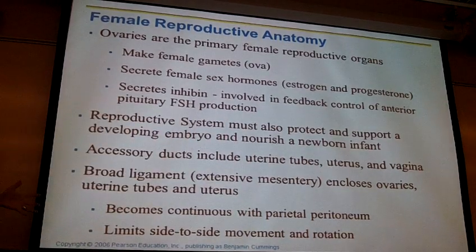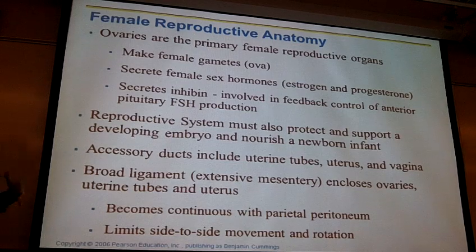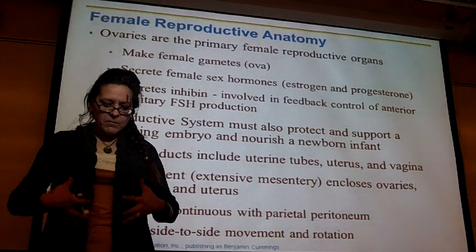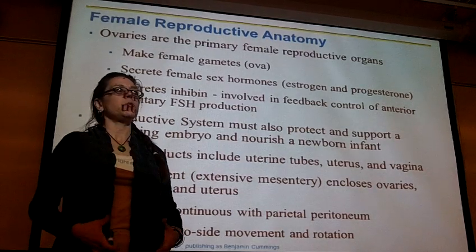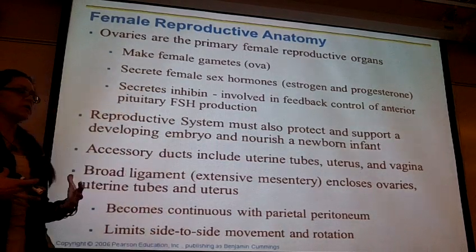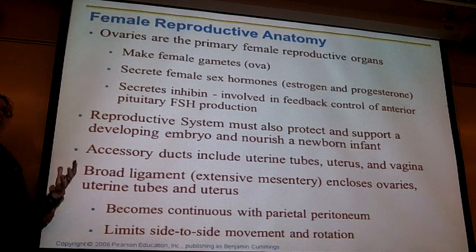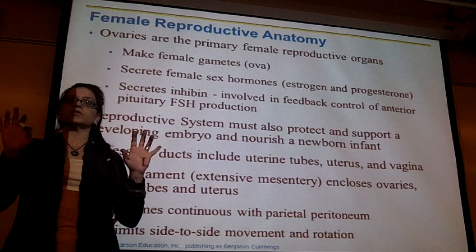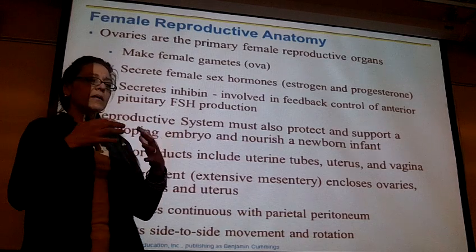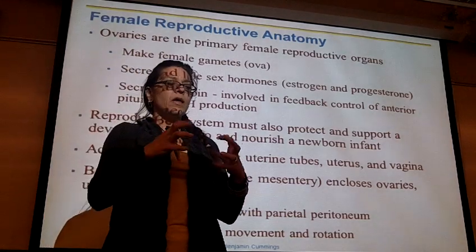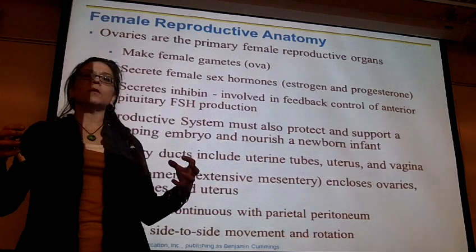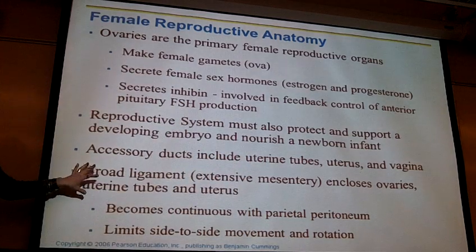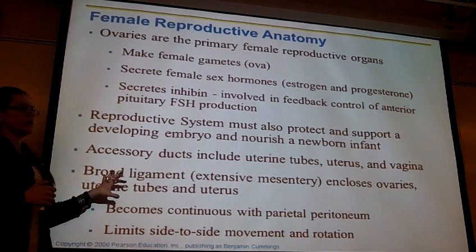And one thing to keep in mind for the female structures, the female structures are basically just in the middle of that abdominopelvic cavity. And so we're going to have a series of ligaments, a lot of ligaments, that are holding all of these structures in place, connecting them to one another, and then anchoring into the wall of the abdominal cavity. One of the largest ones is called the broad ligament.